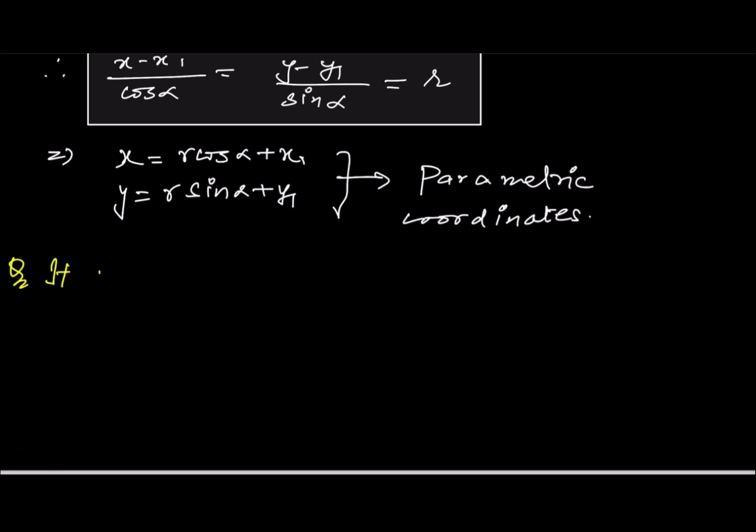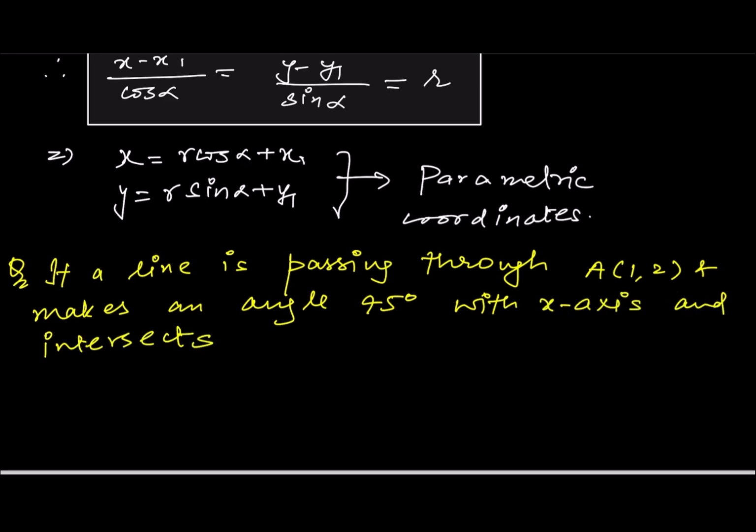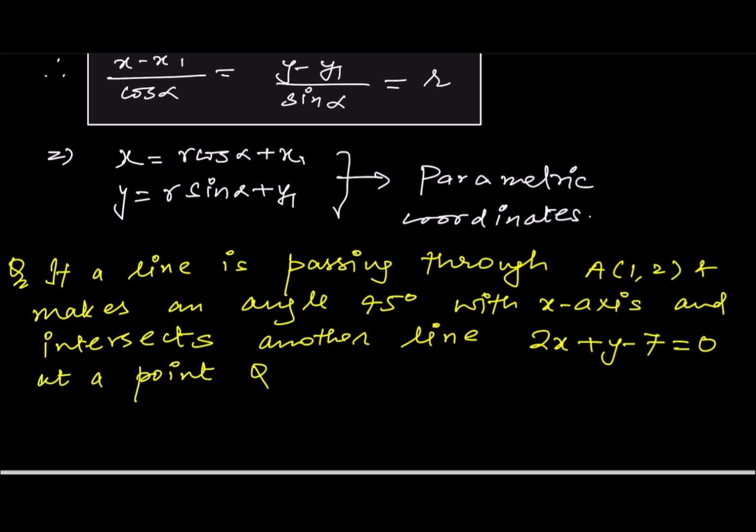If a line is passing through A(1, 2) and makes an angle of 45 degrees with the x-axis and intersects another line 2x plus y minus 7 is equal to 0 at a point Q, find Q and AQ.